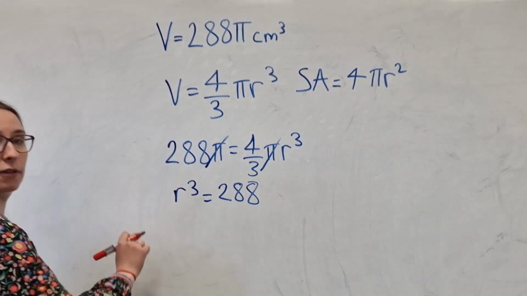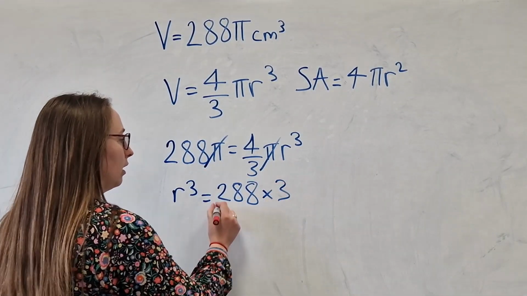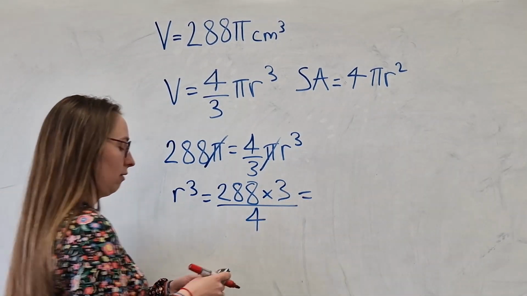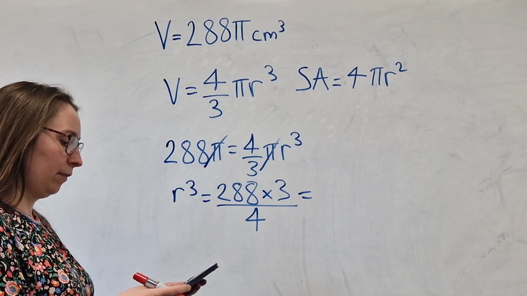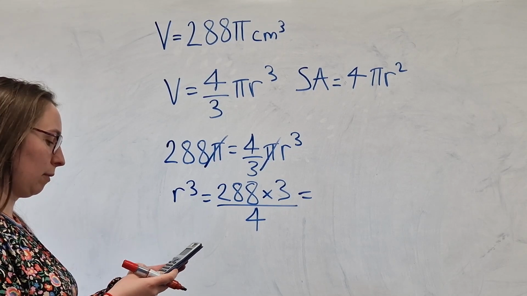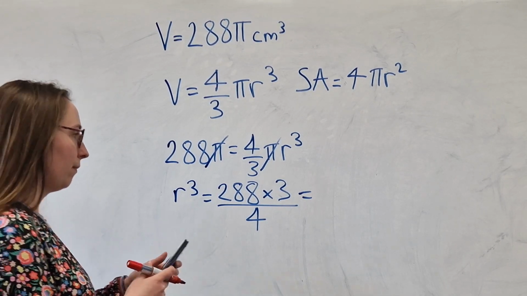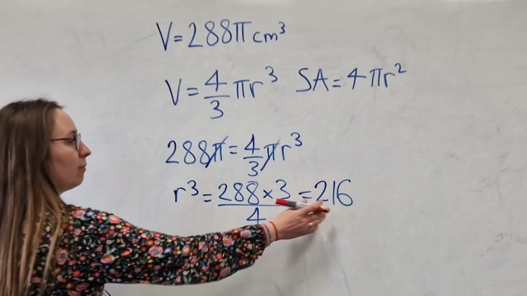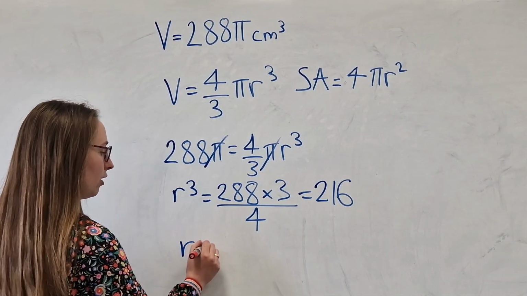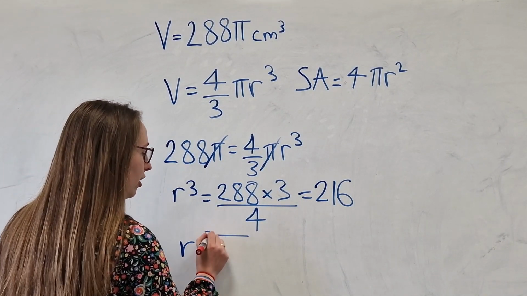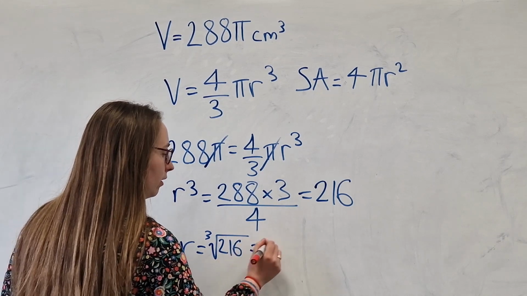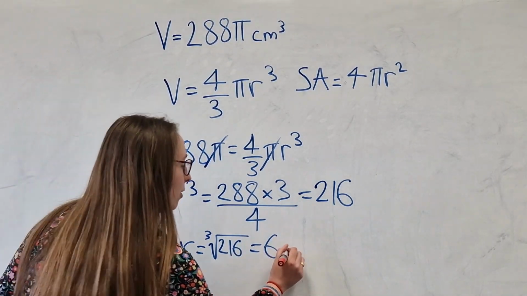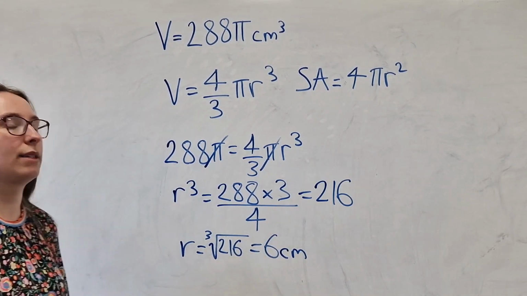We multiply both sides by 3 and divide both sides by 4. So we type that into the calculator, 288 times 3 all over 4 is equal to 216. So we know r cubed equals 216, so we just do the cube root. The cube root of 216 is 6, but you'd have a calculator for that as well. So we know the radius is 6 centimetres.